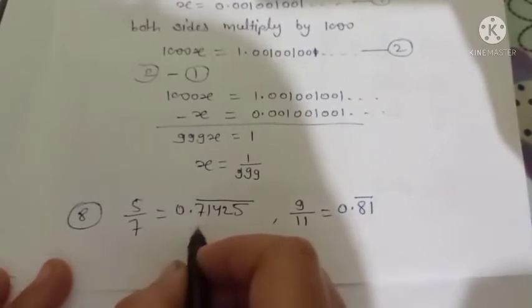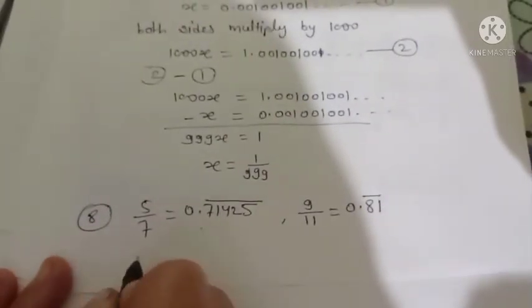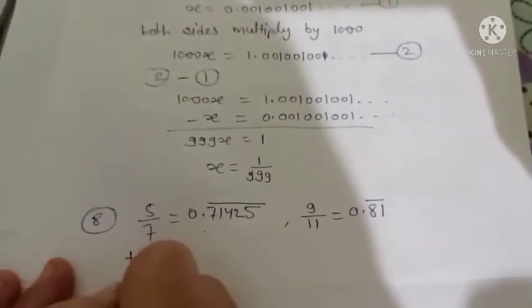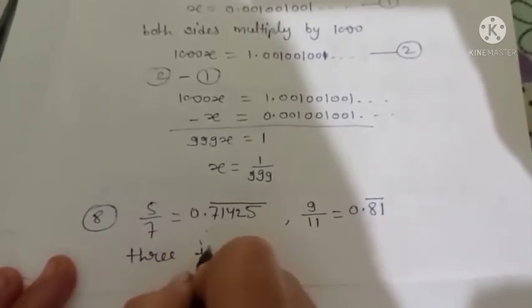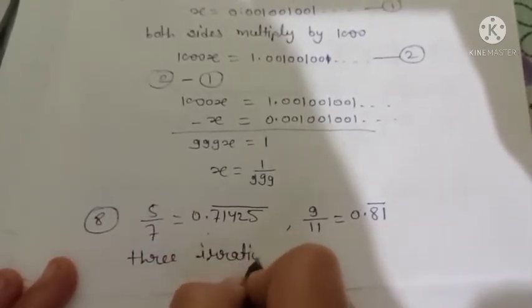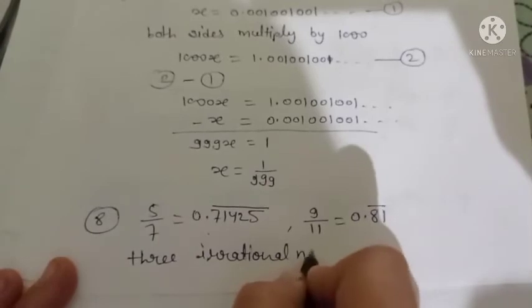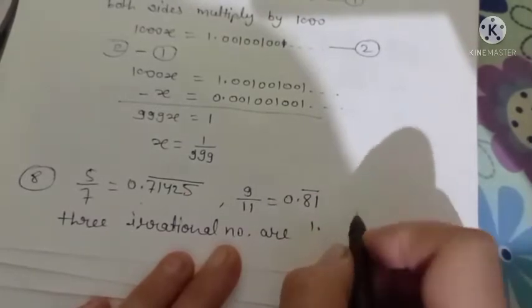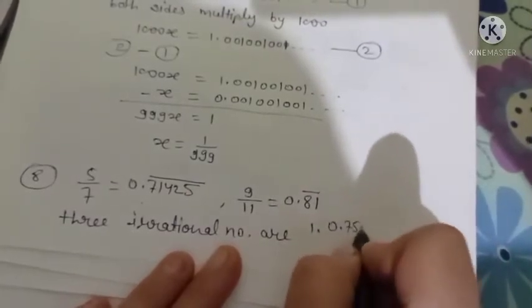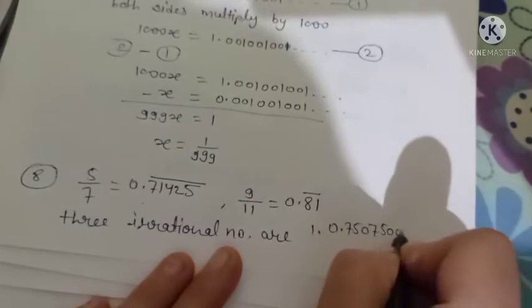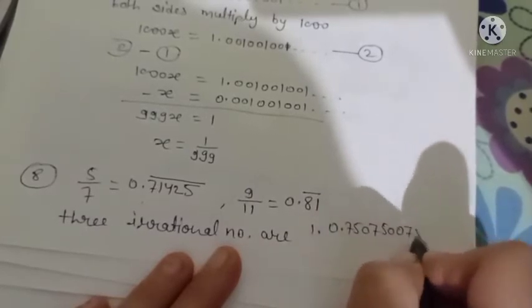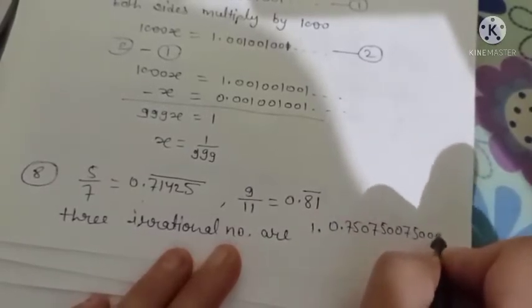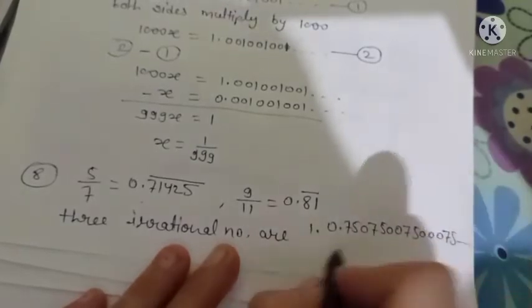So we have to find 3 irrational numbers between these rational numbers. The 3 irrational numbers are: first is 0.750750075000750 and so on.